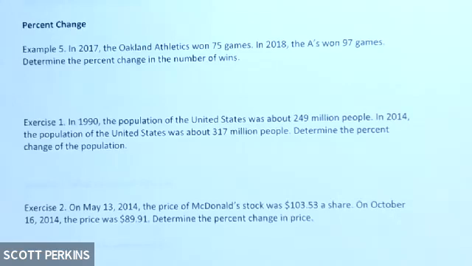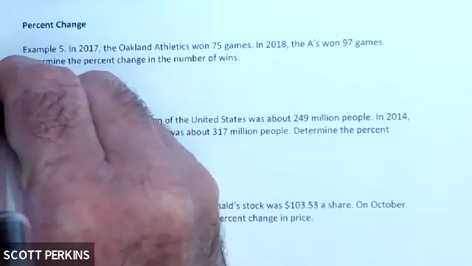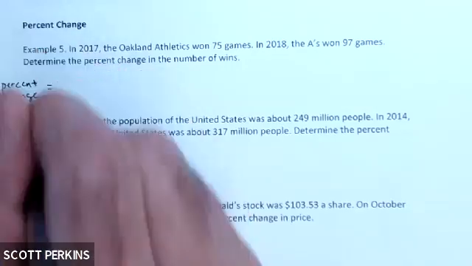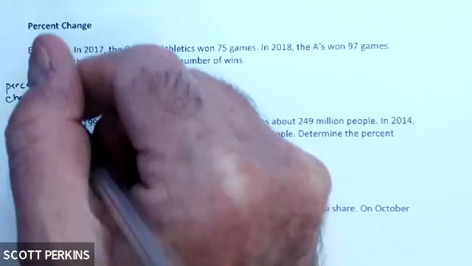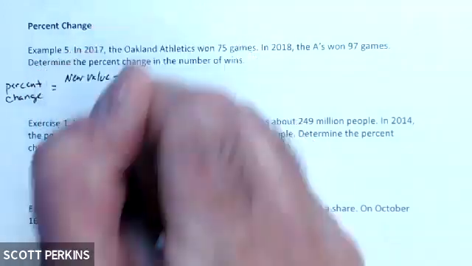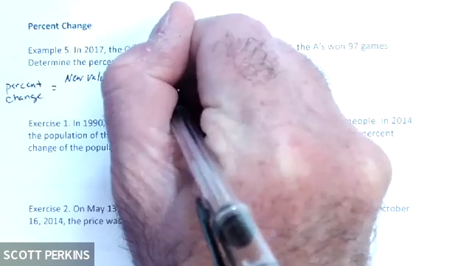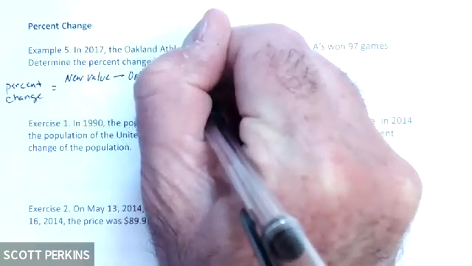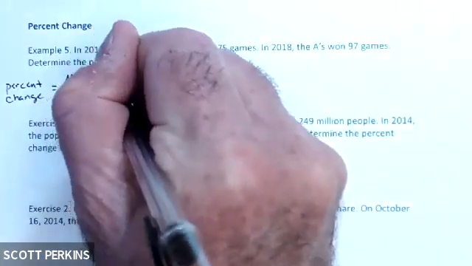Here's what you're going to do. Here's how you calculate a percent change. I'm just going to make a note over here. The percent change, the way you calculate this is you take your new value minus your original value and then you divide it by the original value.